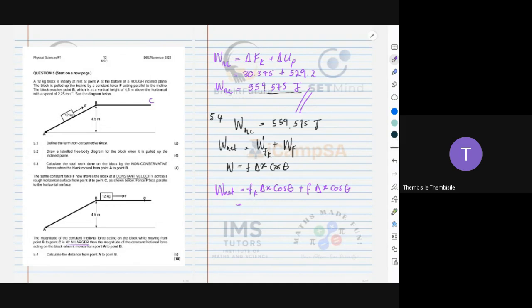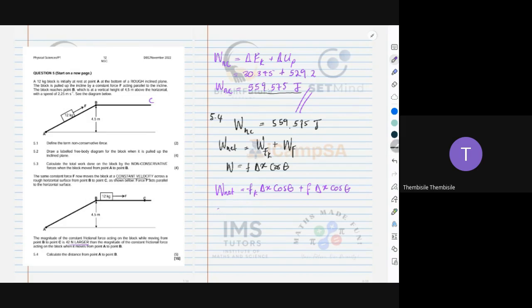But what we know is that the frictional force at the top is actually 42 newtons more than the one at the bottom. Okay. So let's try tackling this then, because we've got many unknowns that we need to address.